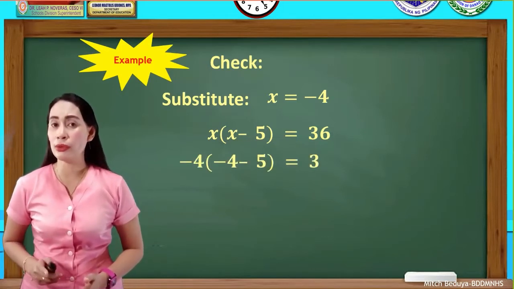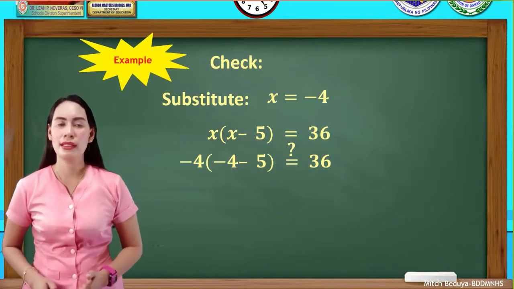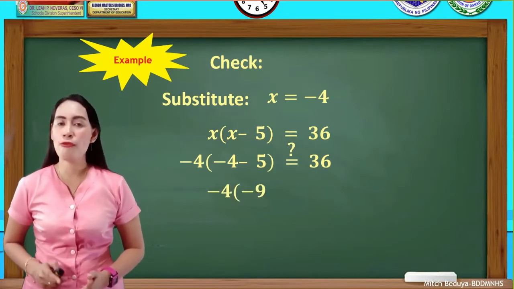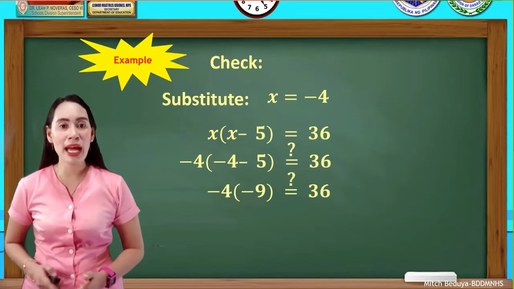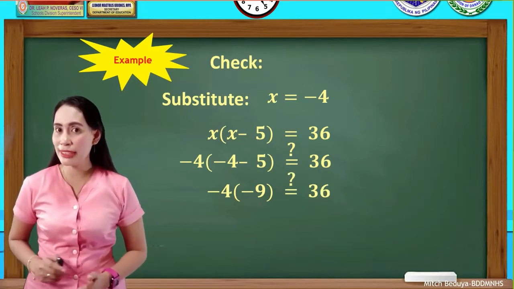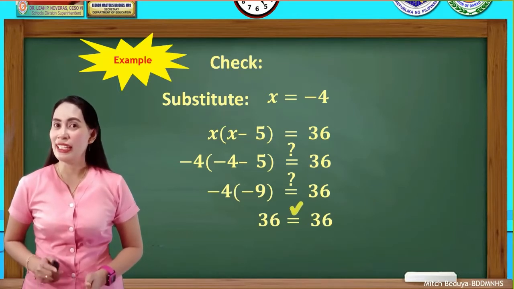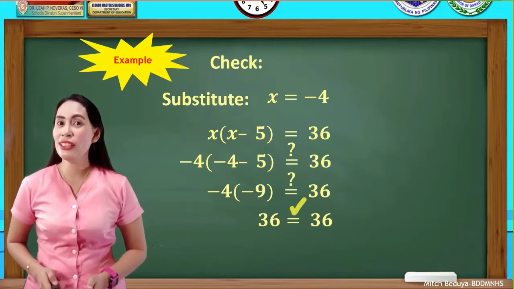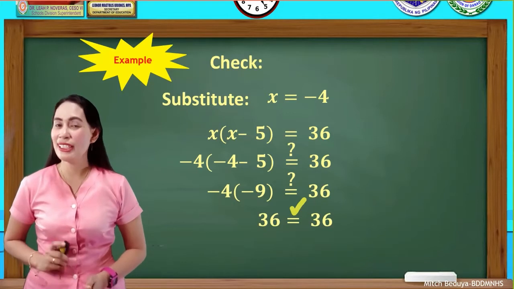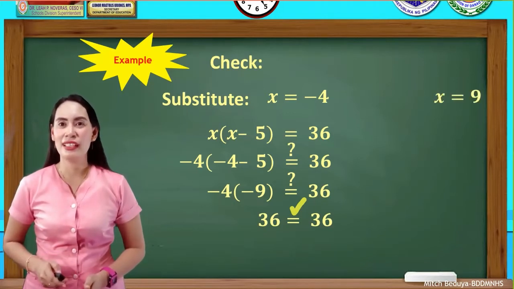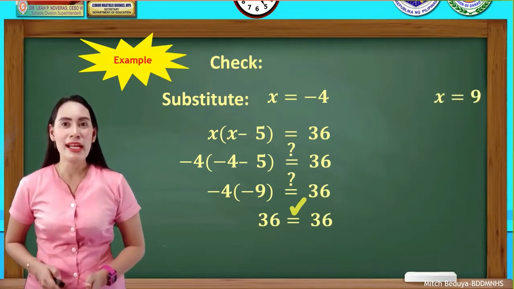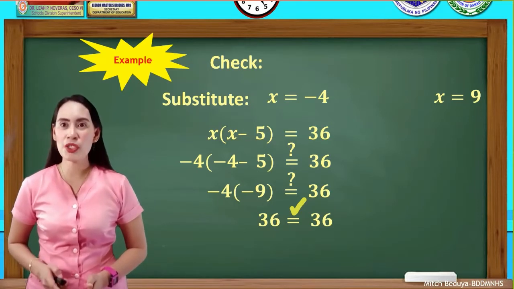Is it equal to 36? Next, negative 4 times negative 9, is it equal to 36? 36 is equal to 36. Okay. So negative 4 satisfies the equation.